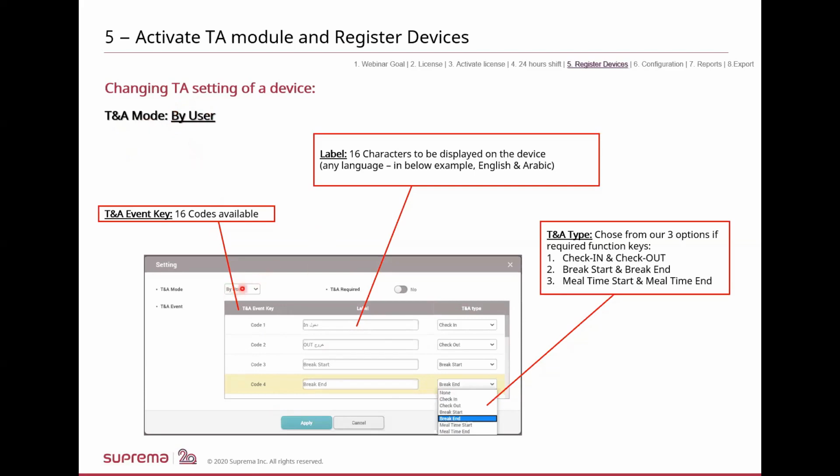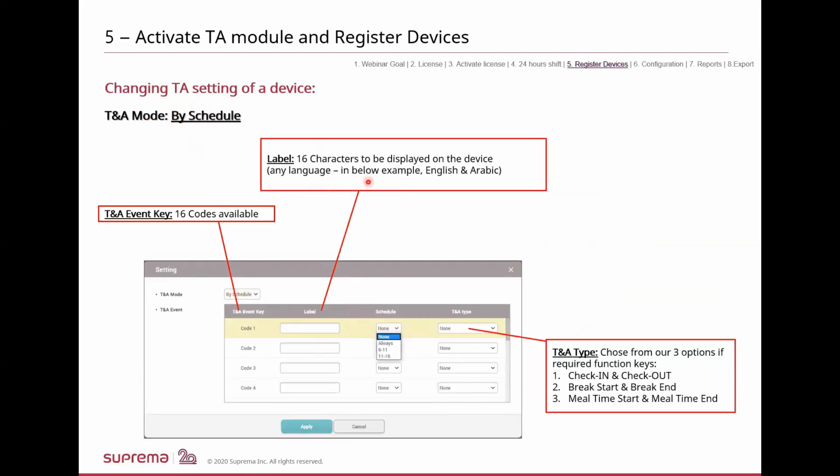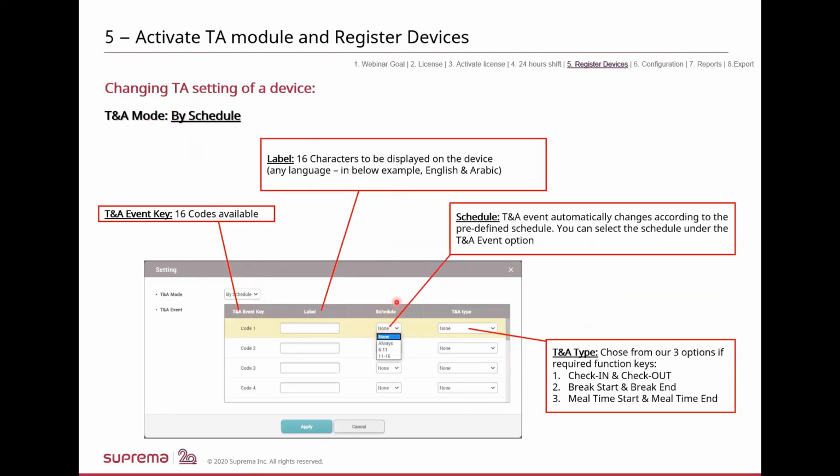If we go to the next one, which is by schedule, you will see that it has the same 3 columns, but there is an additional column, which is the schedule. So by schedule, for example, you will choose for code one, it is check-in, and you choose the time 6 to 11. This means that from 6 a.m. to 11 a.m., any transaction done on the device is going to be by default as in.